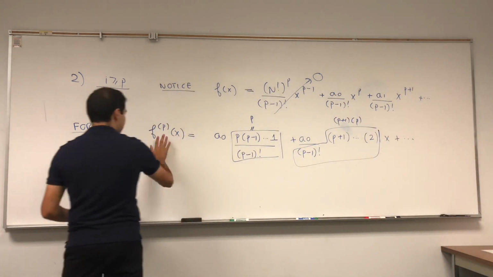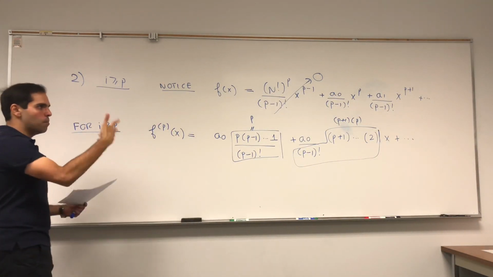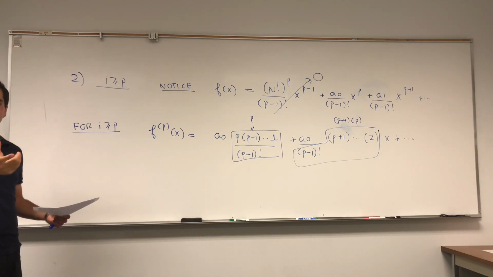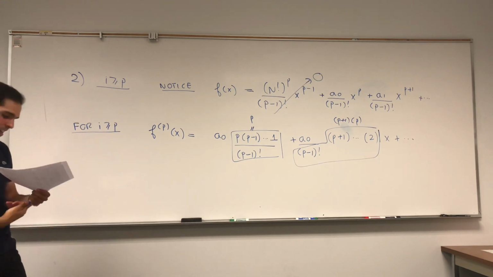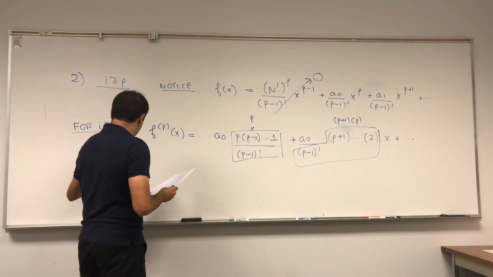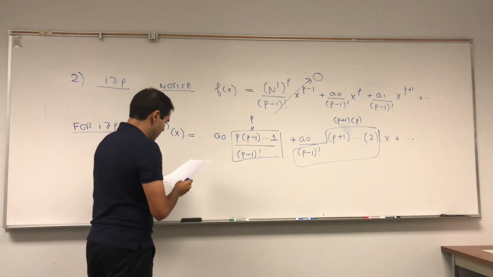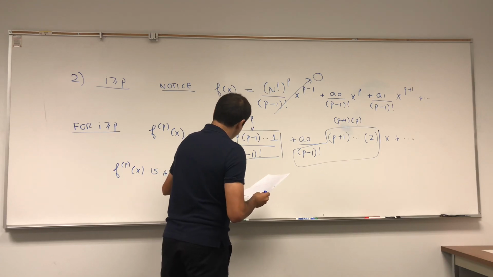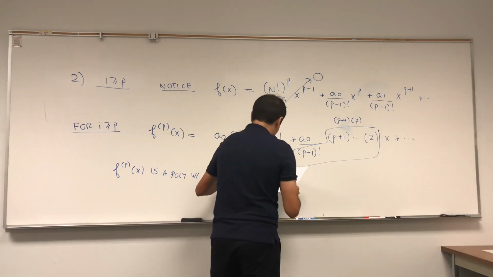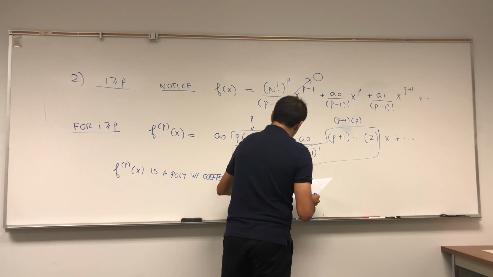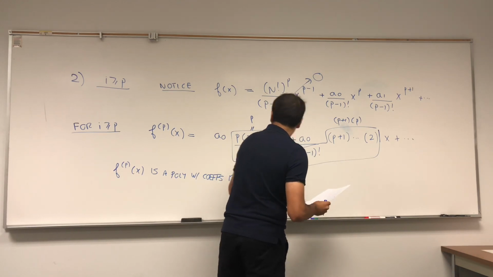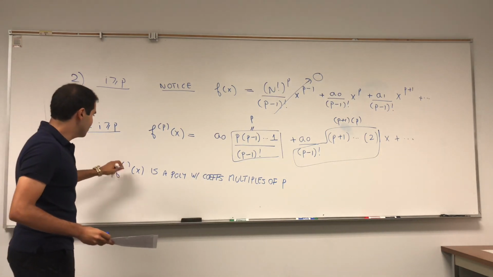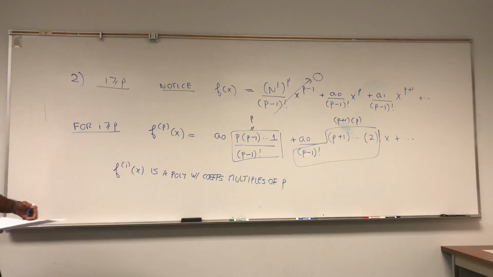So what happens then is that the pth derivative of f becomes a polynomial whose coefficients are divisible by p. So yes, it is a polynomial with coefficients that are multiples of p. And it turns out the same thing is true if you take higher derivatives. So let's just do it for i greater than or equal to p.